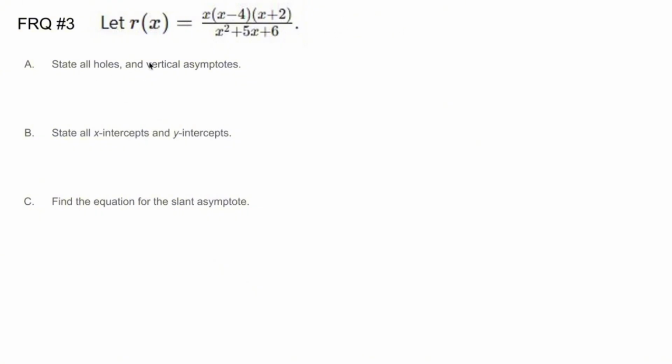So in order for us to do that, I need to make sure both the numerator and the denominator are completely factored. So the top part is good, x times x minus 4 times x plus 2, all over, factoring the bottom, two numbers that add up to 5 and multiply out to 6 are x plus 2 and x plus 3.